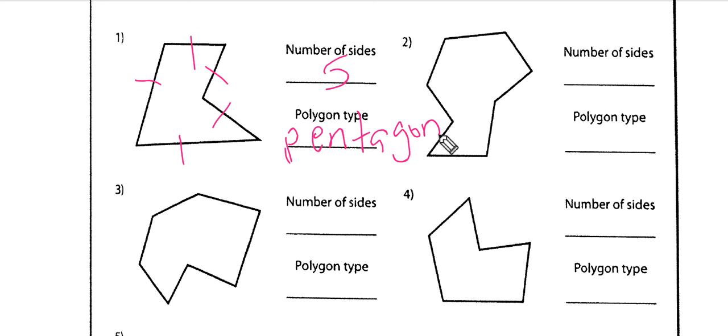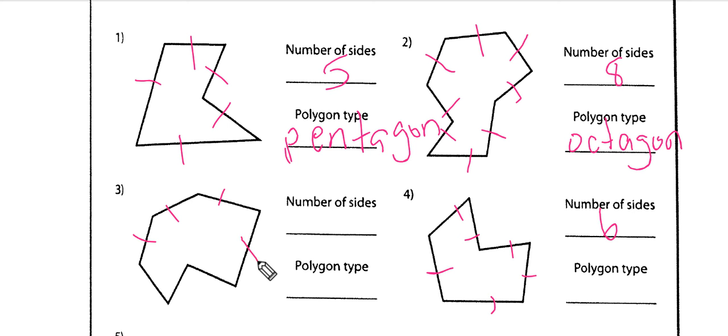Number 2, 1, 2, 3, 4, 5, 6, 7, 8 sides. So that would be an octagon. 1, 2, 3, 4, 5, 6. Number 4 has 6 sides. 1, 2, 3, 4, 5, 6, 7.